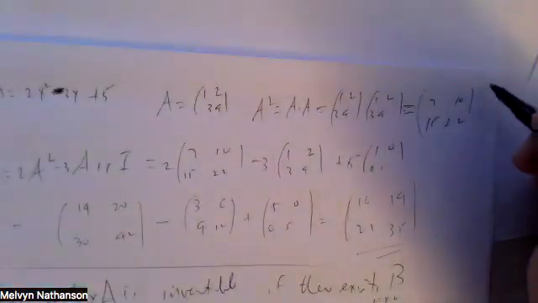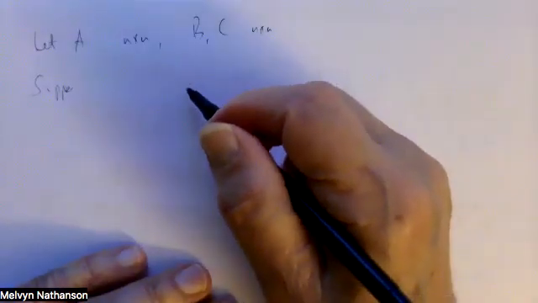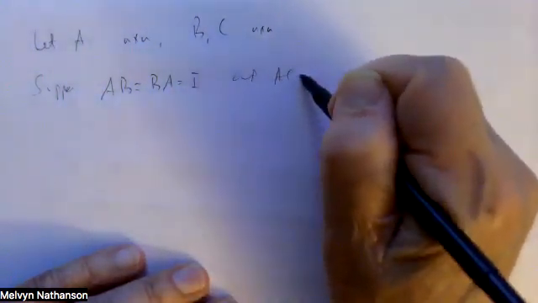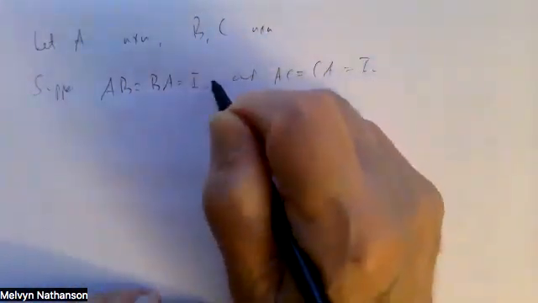And in fact, just as with many other situations, the inverse of a matrix is unique. So let A be an n by n matrix and B and C n by n matrices. Suppose B and C are both inverses of A. Suppose AB and BA are equal to the identity, and AC and CA are both equal to the identity.